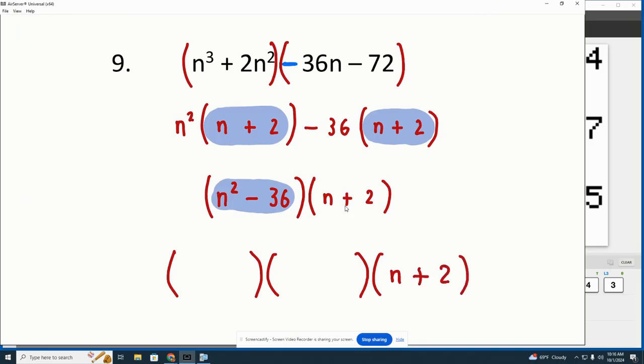That's no difference of squares. So, n squared minus 36, though, is, right? What multiplies by itself to get n squared? What multiplies by itself to get 36? What's the rule on difference of squares? Now we're done. Now it's been factored completely. Okay?